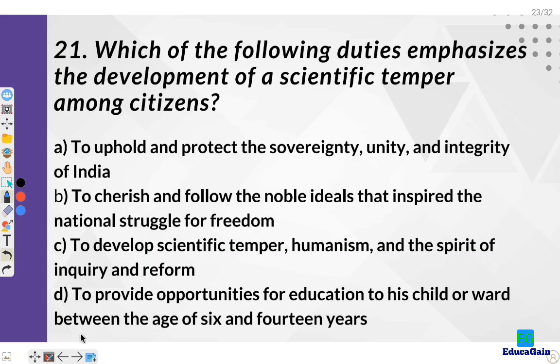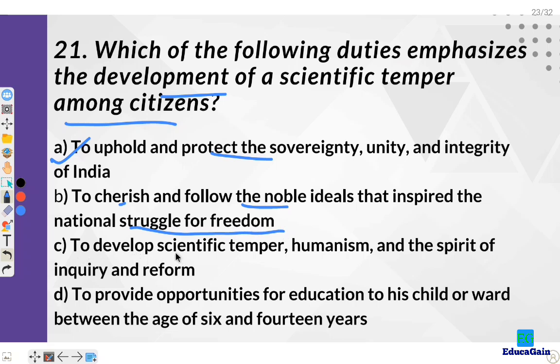Next question is, which of the following duties emphasizes the development of scientific temper among citizens? A, to uphold and protect the sovereignty, unity and integrity of India. B, to cherish and follow the noble ideals that inspired the national struggle for freedom.